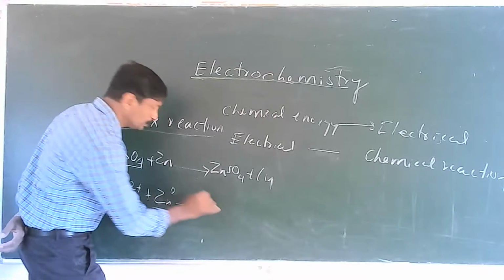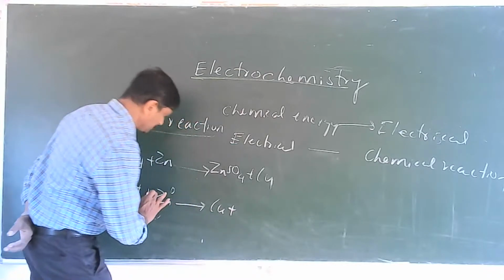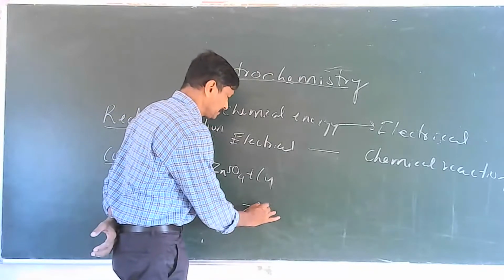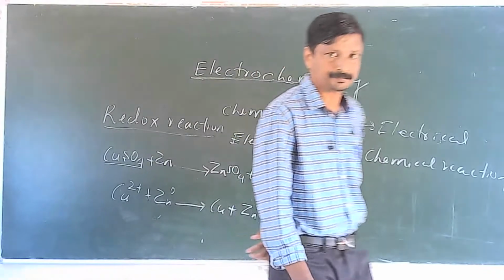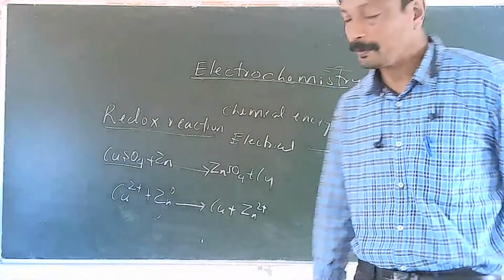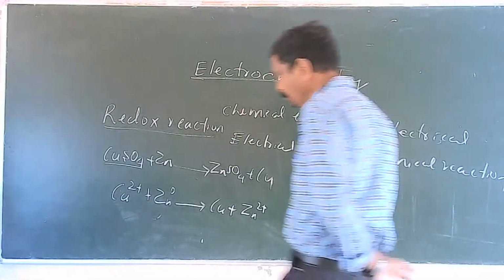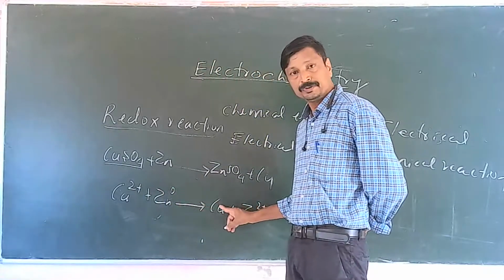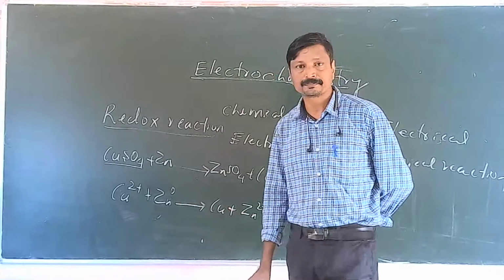In the product, the Cu2+ is converted to Cu and Zn is converted to Zn2+. So before the reaction, it is Cu2+ and Zn0; in the product, Cu0 and Zn2+.